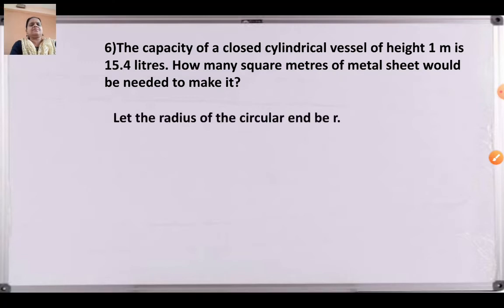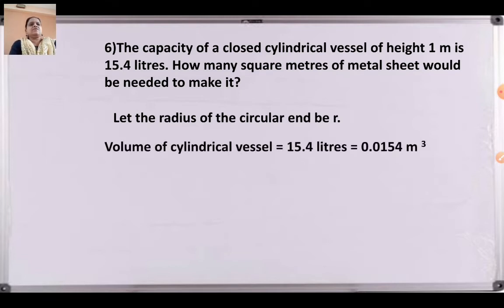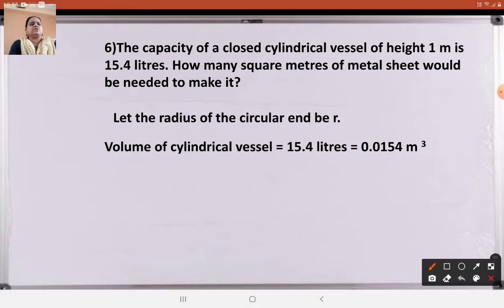Let us see. Let the radius of a circular end be r. Correct? Yes. The next step, volume of the cylindrical vessel is equal to 15.4 liters. So you divide by 1000. Do you remember the conversion? Liter to meter cube we have to divide by 1000, and meter cube to liters you have to multiply by 1000.